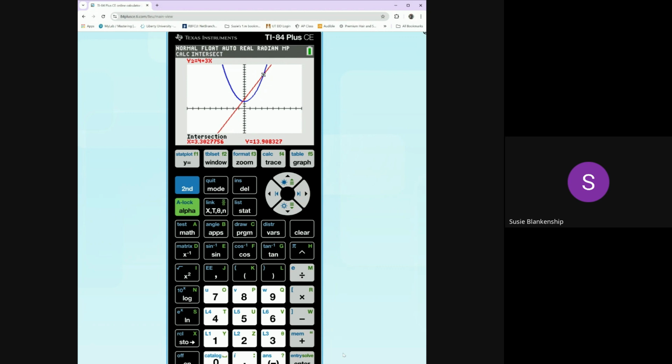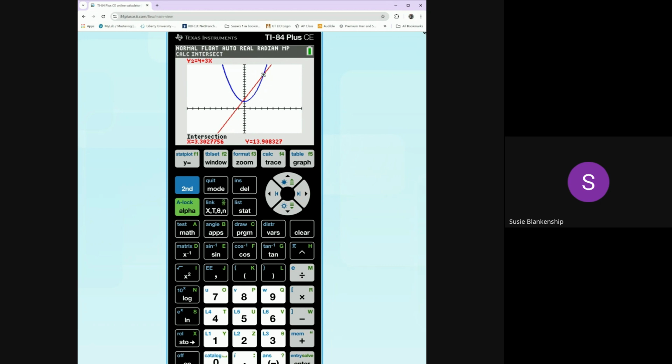So your other point should be 3.303, and the other point is 13.908. Okay, when you do this, make sure that you're paying attention to how many places you go.